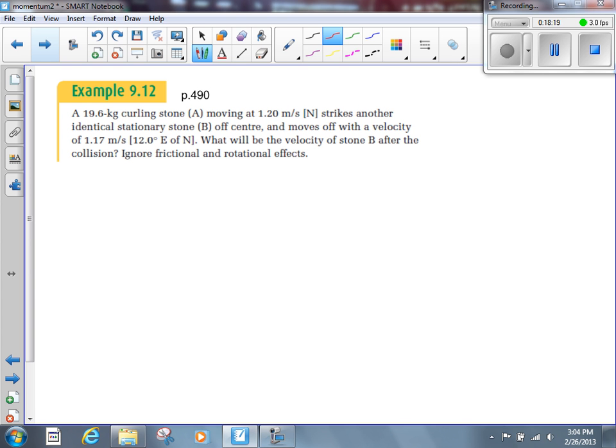Don't watch it then. All right, so we've got a curling rock that's almost 50 pounds, moving at 1.2 meters per second to the north, and it strikes another curling rock that's stationary. The first one moves off with a velocity of 1.17 at 12 degrees east of north. So it's going to move off up here.